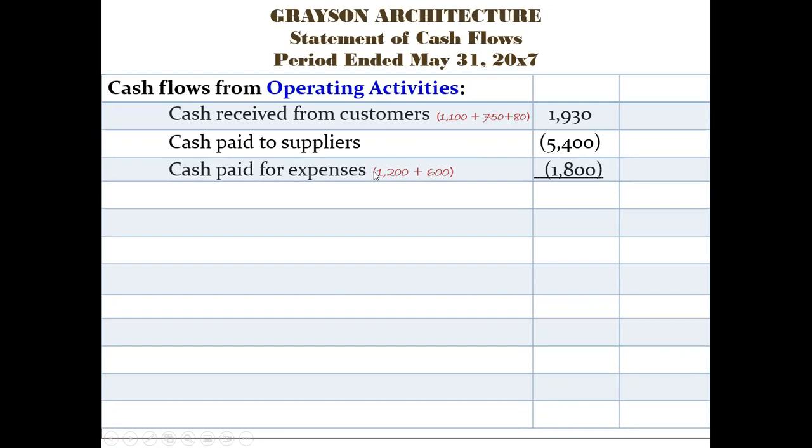We have cash paid for expenses, the 1,200 plus the 600. Now, guys, when you net it off, you notice that the net figure is going to be an outflow. In other words, we used up more cash than we got in from operating activities.